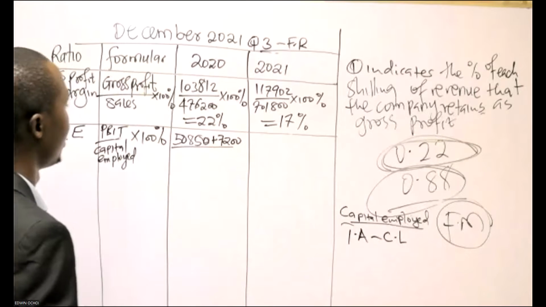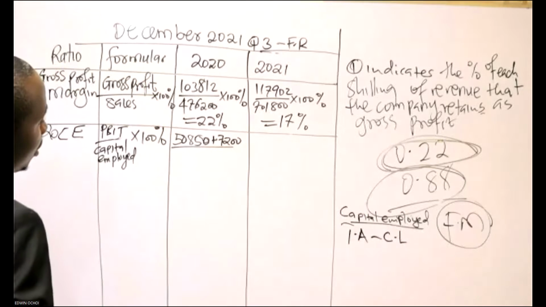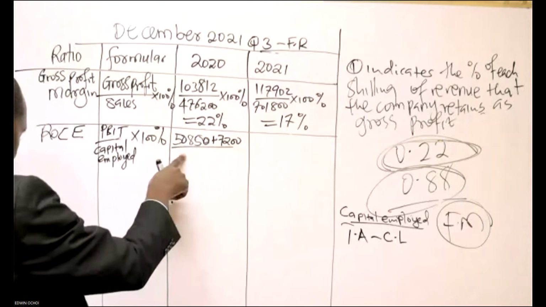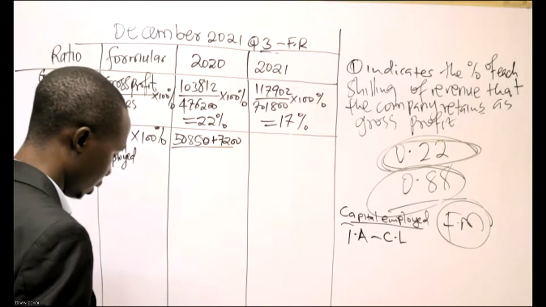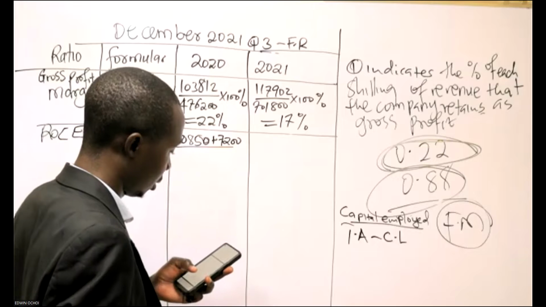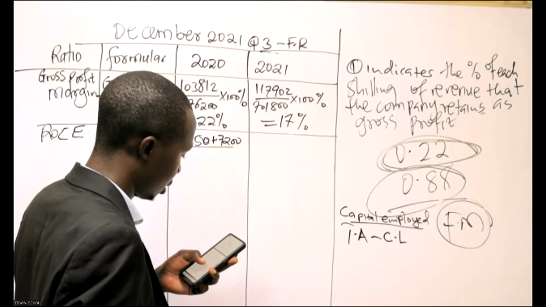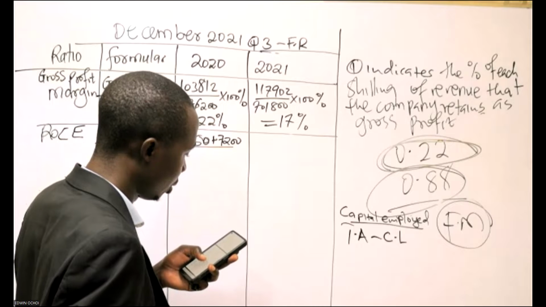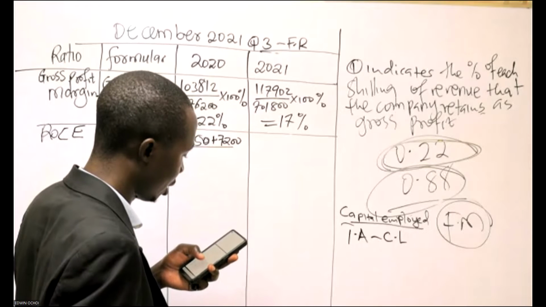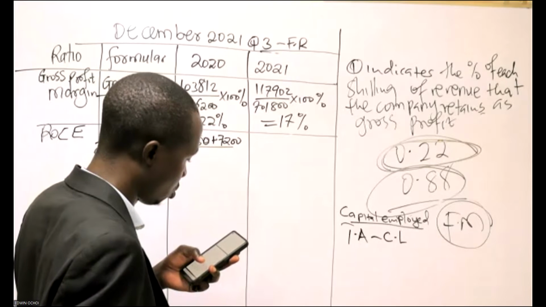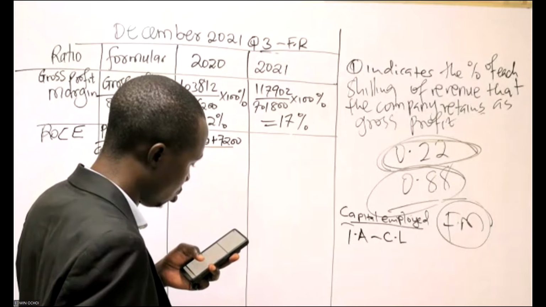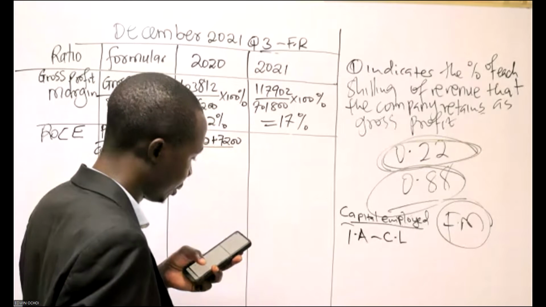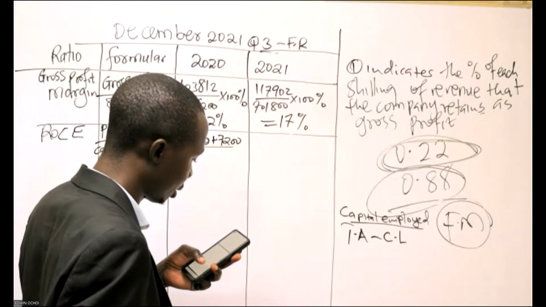FM, what were FM? Our capital employed, total assets. Use your calculators. Total assets: you can see you have a non-current asset and you add it with current. 1,018,140 plus 236,695.